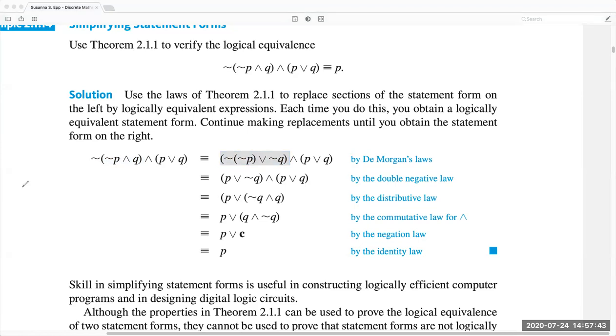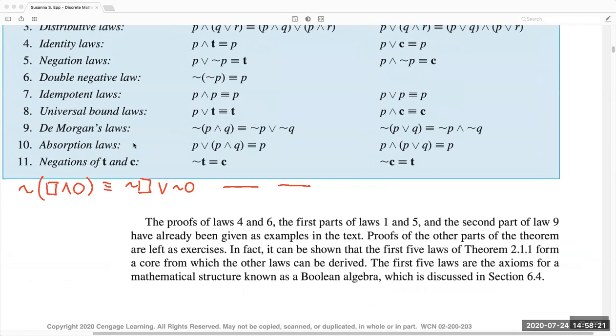What it does is negation of square and circle is equivalent to negation square or negation circle. And then negation of negation P gives you P or negation Q. And then what it did in the next step is using the distributive law. Have you learned about the distributive law? Did we? No.